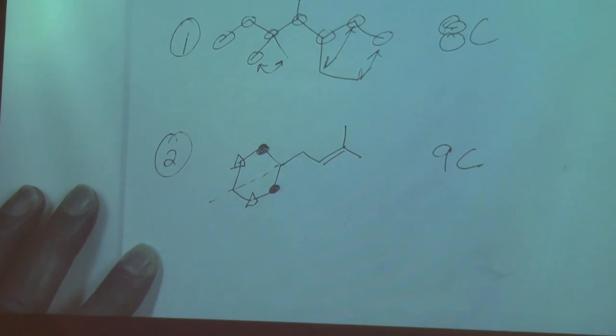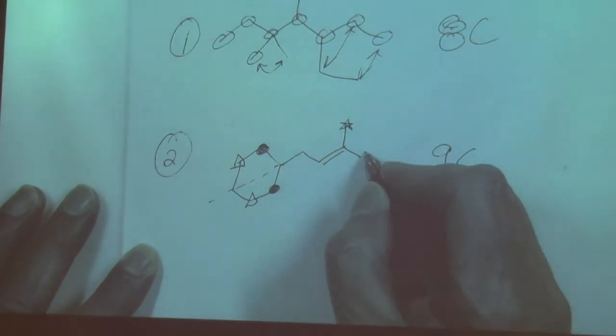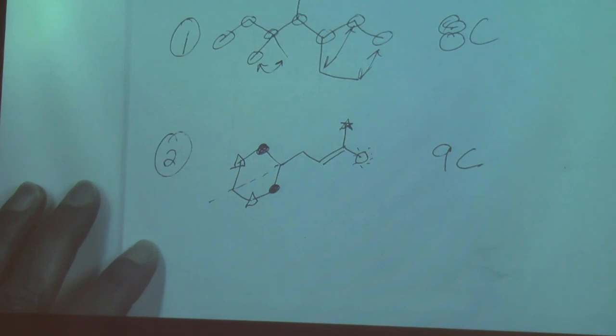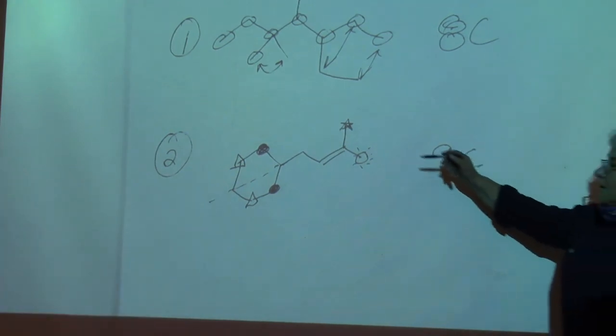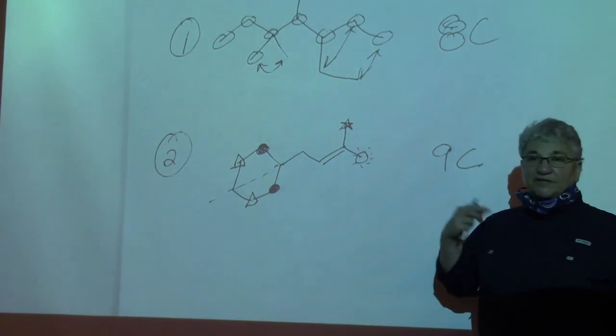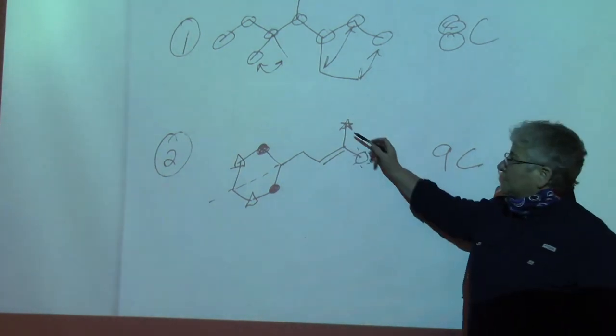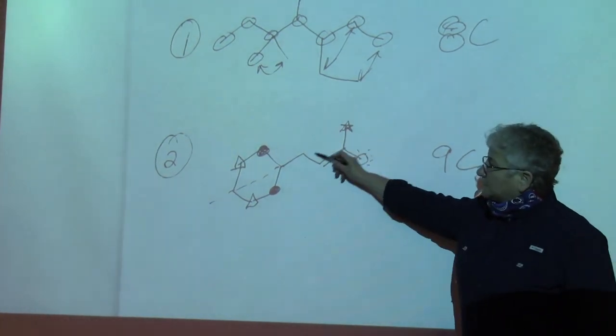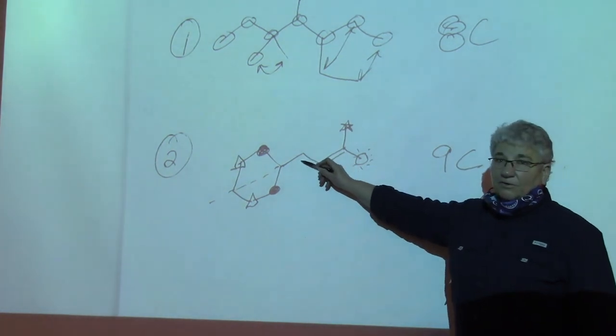And so you have to be a little bit careful and recognize that this carbon is different from that carbon, right? So these two methyl groups are different from each other because this double bond restricts any kind of rotation. And so that means that this methyl group is always going to be cis to an R group.